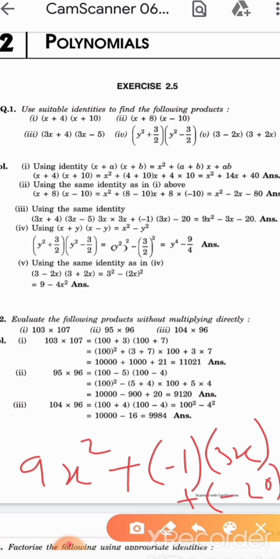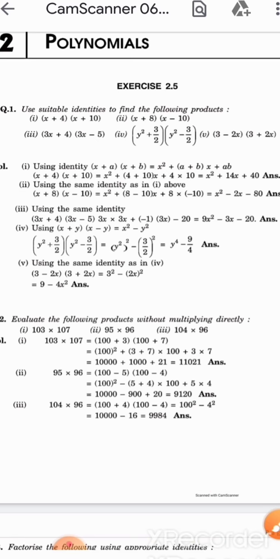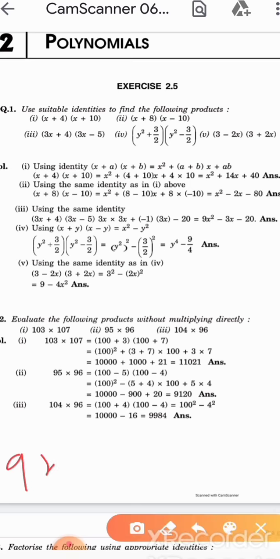Now opening the bracket, we get 9x² plus minus minus 3x, and lastly plus minus again, −20. So the product of our two brackets is 9x² − 3x − 20. Next, question number 4.